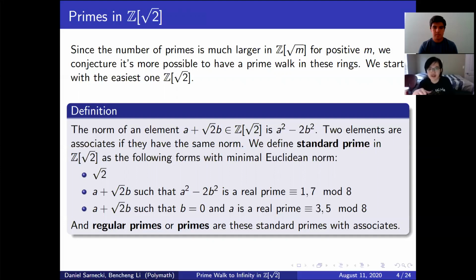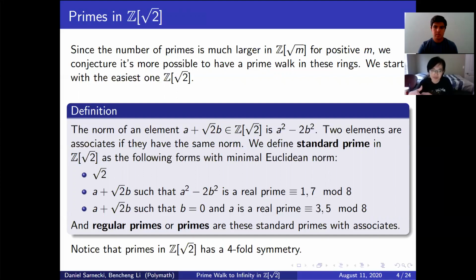We also define standard primes as the following forms with minimal Euclidean norm: the square root of 2 is a standard prime, any element whose norm is a real prime congruent to 1 or 7 modulo 8 is also a standard prime, and any element where b is 0 and a is a real prime congruent to 3 or 5 modulo 8 is also a standard prime. Using this definition, all primes in Z[√2] are just these standard primes with associates. Besides, the primes in this definition have a fourfold symmetry.